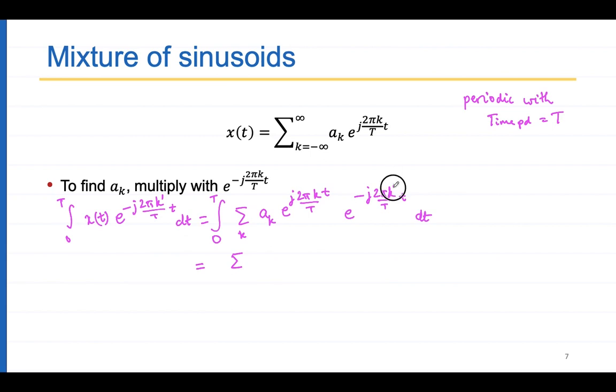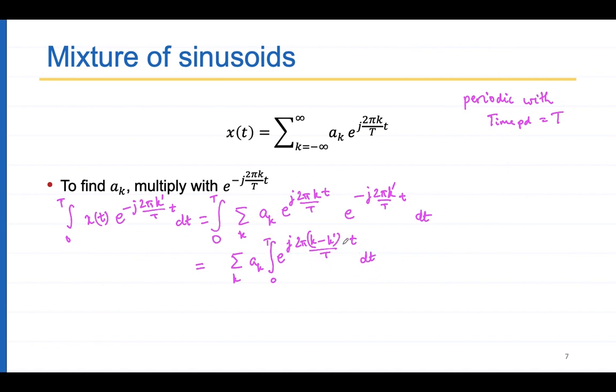This is the summation over k of ak, e to the power j 2 pi (k minus k dash) t upon capital T, and then this is integrated from 0 to capital T dt.